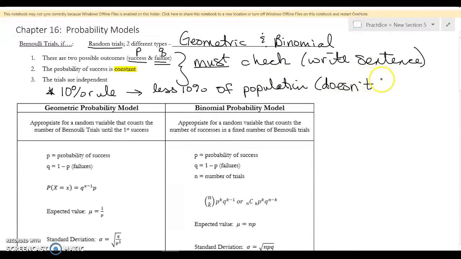So we're going to be doing a problem later talking about M&Ms. And even if I'm talking about a bag of M&Ms, because it's less than 10% of the population, I can follow this rule. I don't have to think that I'm subtracting M&Ms out of the bag. Okay? It doesn't need to be independent.